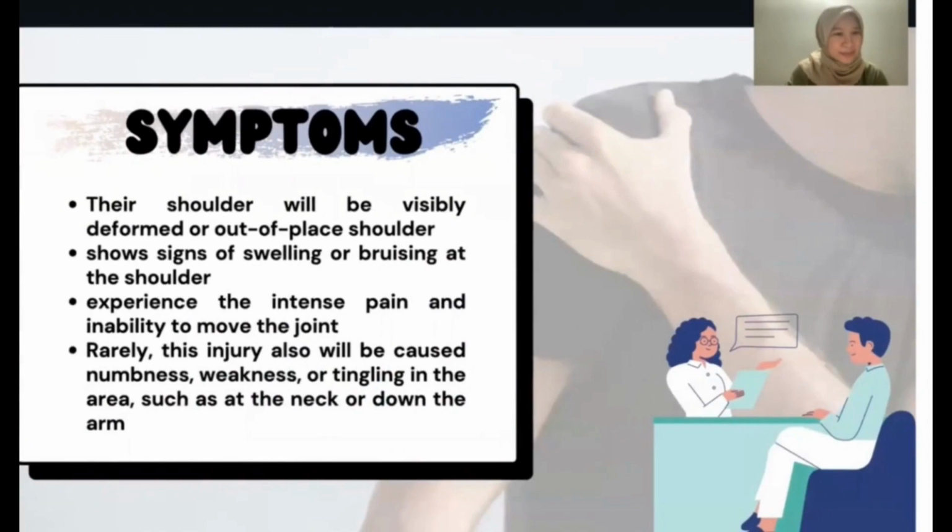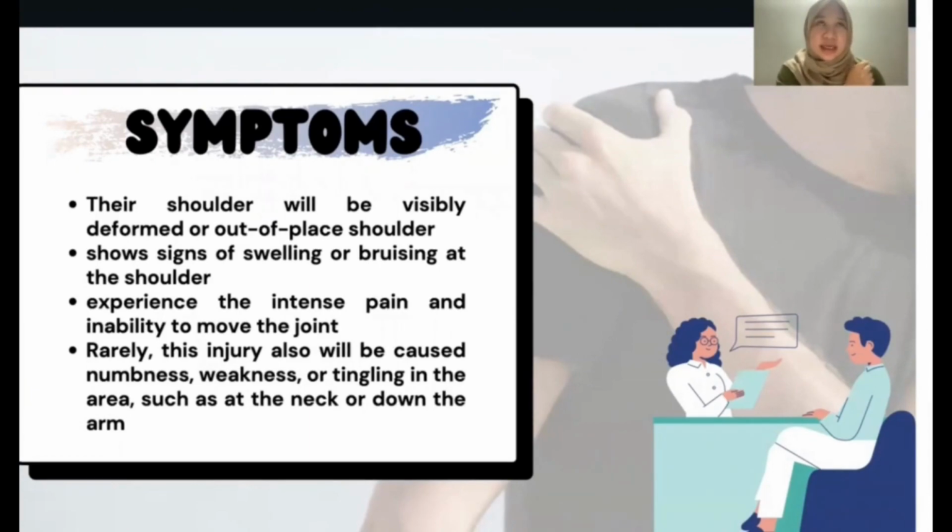Next, there are symptoms that show this injury. For the first one, it will be a visibly deformed or out-of-place shoulder. It's like your bone pops out from here. It's also a sign of swelling or bruising at the shoulder.